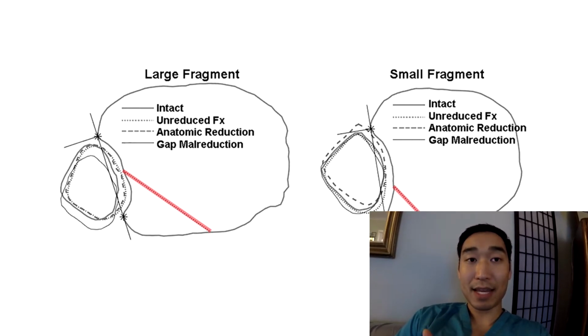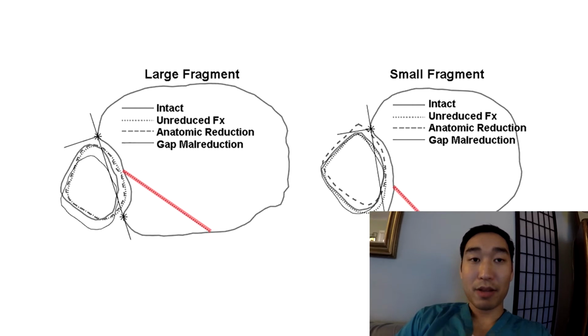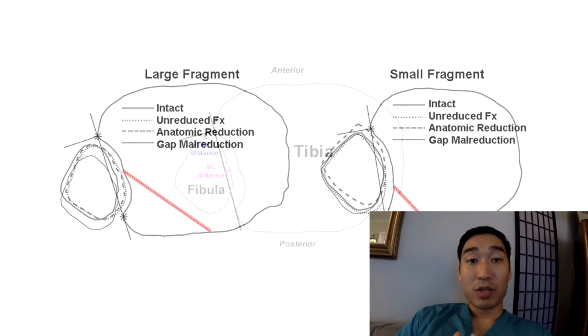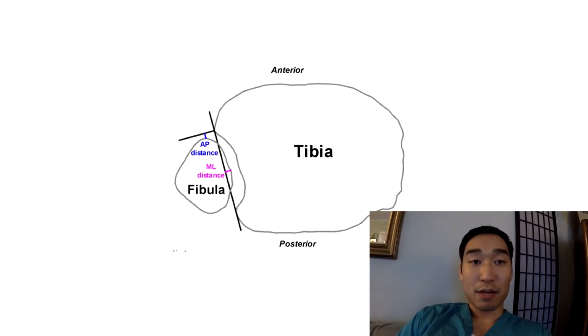And after they fixated it, they clamped down the fibula and tibia at about 1 centimeter proximal to the tibiotalar joint to simulate syndesmotic reduction. They wanted to see how the fibula would deviate in the anterior-posterior direction and the medial-lateral direction. And they evaluated the displacement of the fibula using CT imaging.